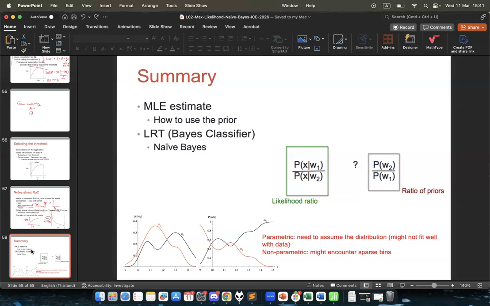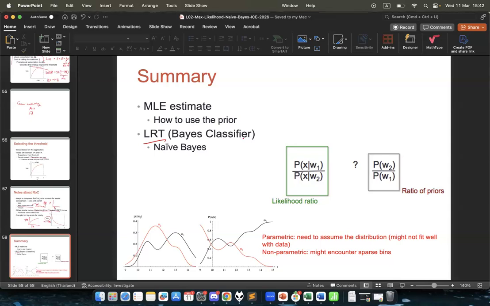When we estimate the distribution, we can use that distribution to make decisions, which is the likelihood ratio test. And when we compare things, we can think further into the cost, cost analysis, to pick the best threshold for the model.